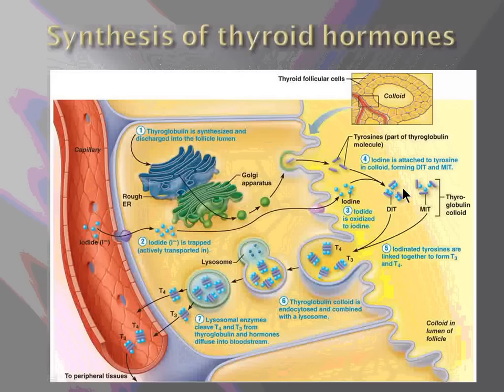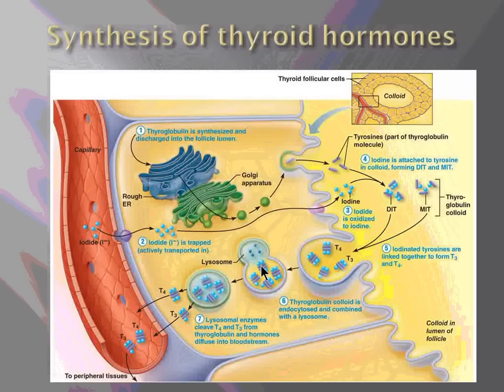When a diiodo and a monoiodo join together, what do you think you'll get? T3, which is triiodo. When two diiodos join together, you get T4. See that? Okay. So T3 and T4 are formed. They are then taken back into the cell by endocytosis, where they combine with the lysosome.